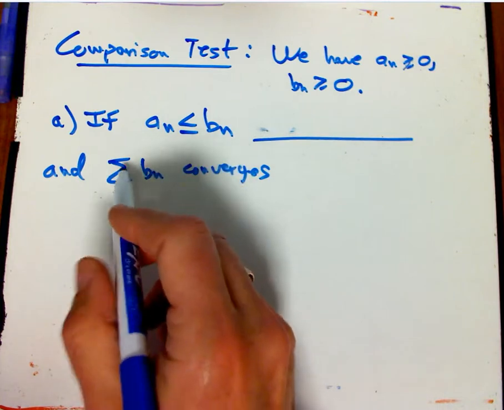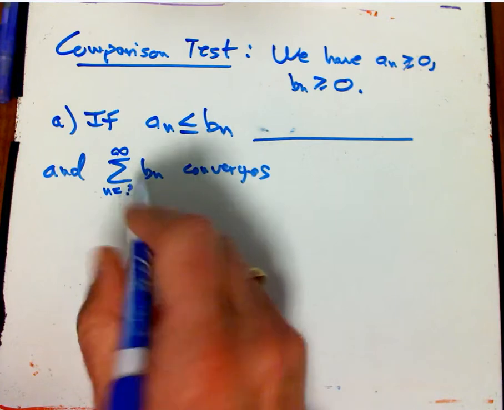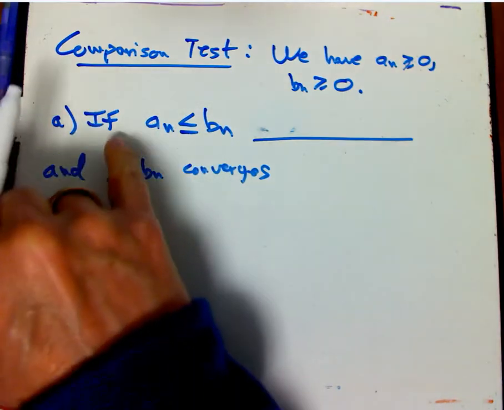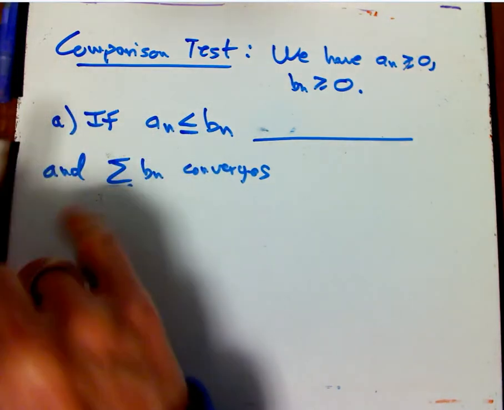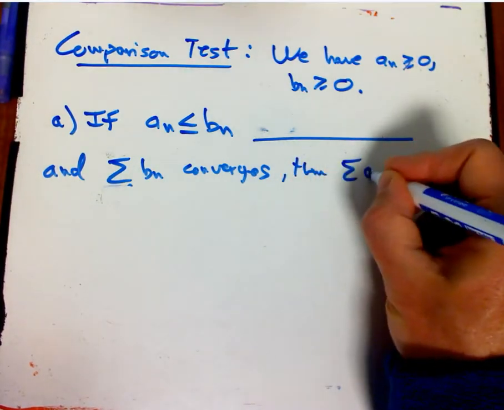This is to infinity, but the starting point is not important, so we're just going to use an undecorated sigma to say it's an infinite sum. Then the sum of a sub n converges.